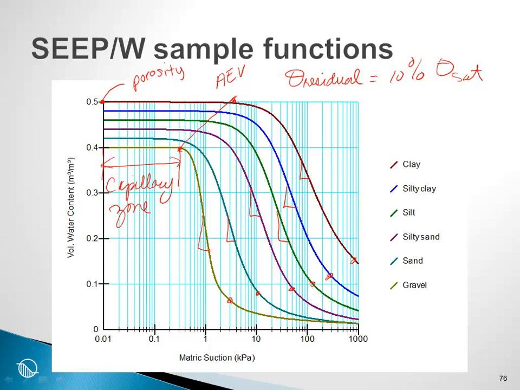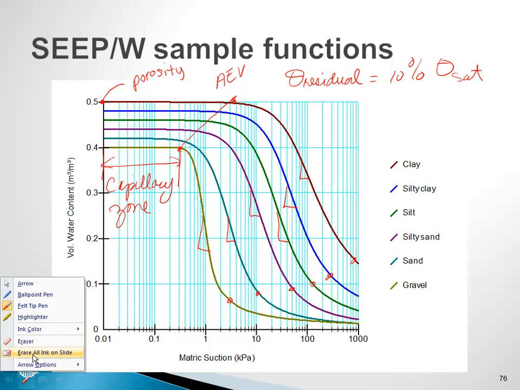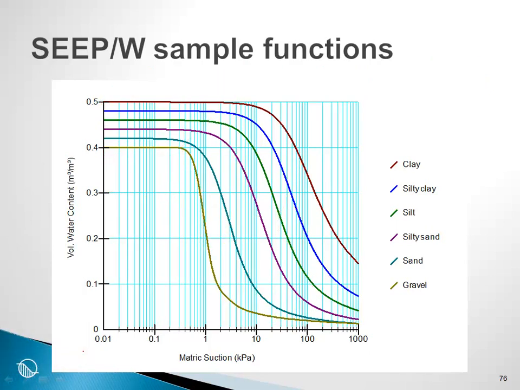And as you can see from this illustration here, clearly in a clay, there is a wider distribution of pore sizes, and so the slope is lower. Whereas in gravel there is probably more just one pore size, and as a result the slope is much steeper.